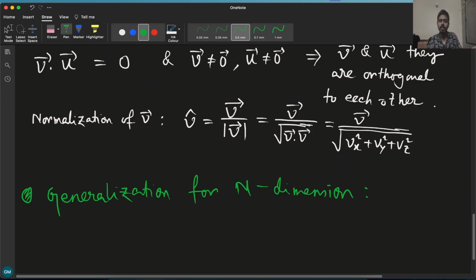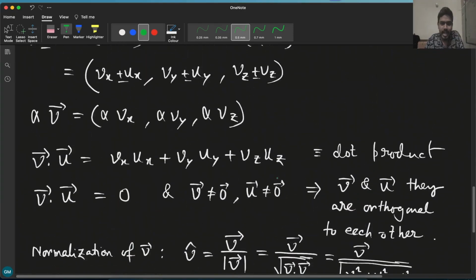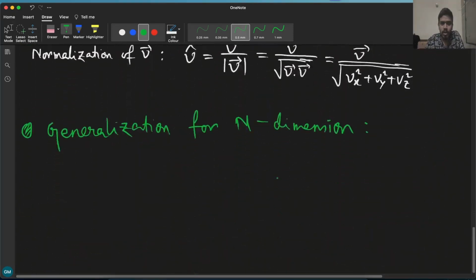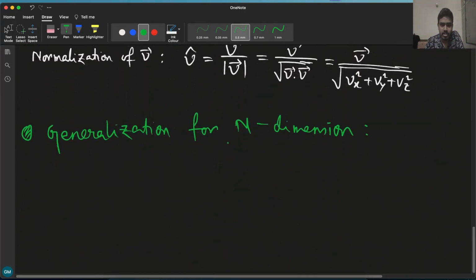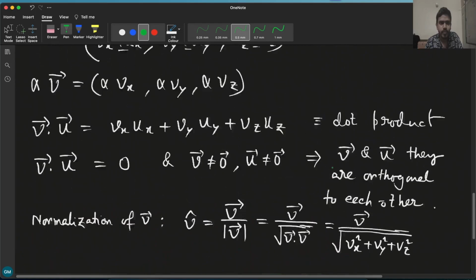So in n dimension or higher than 3 dimension, we can't have any pictorial representation in our mind, right? We can only think up to 3D. So for n dimensional vectors, we need to concentrate on the algebra. We don't have any pictorial representations of these vectors.